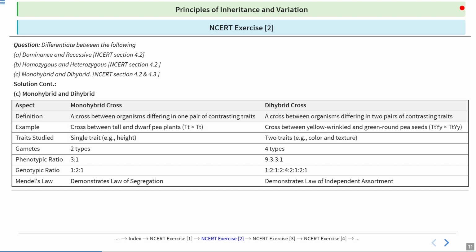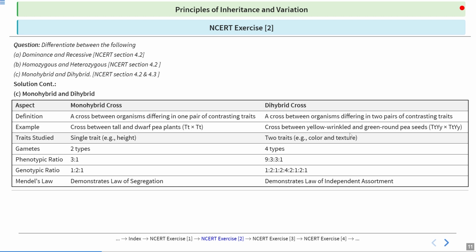In case of dihybrid crosses, you can see here four types of gametes will be produced. In this case, we are crossing two individuals which are heterozygous for both the traits, so each parent will produce four kinds of gametes.